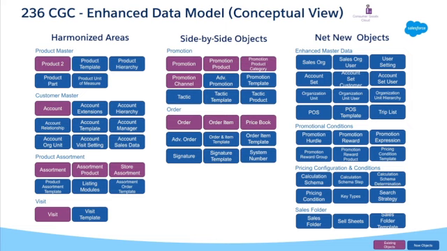Then we have for more sophisticated business processes, such as order or a promotion object, we decided to go side by side. It means we have still order and promotion supporting the basic business processes, and we introduced advanced promotion, advanced ordering for supporting more sophisticated business processes.